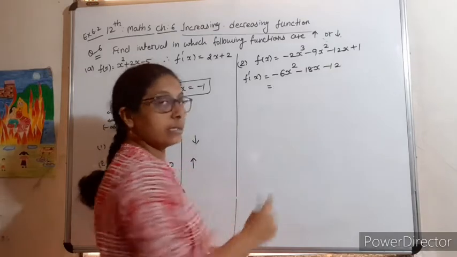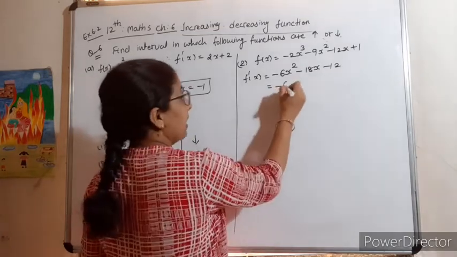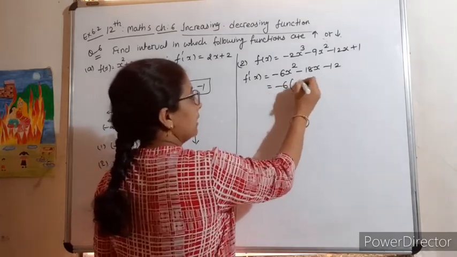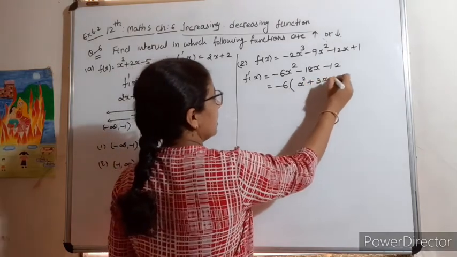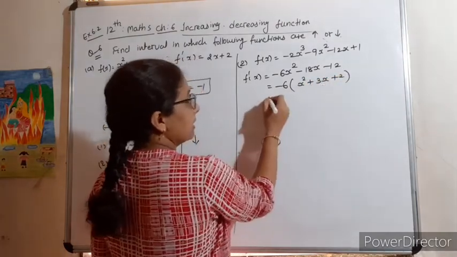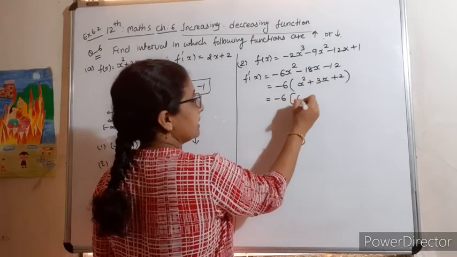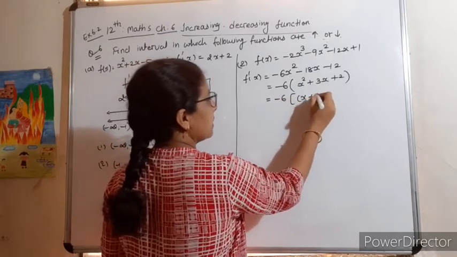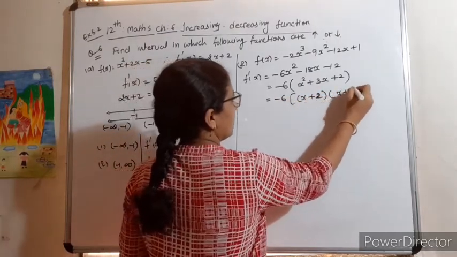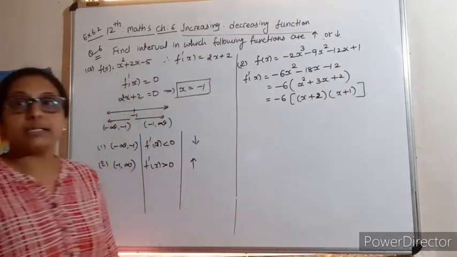So that is the derivative. Now we take -6 common, that is x square plus 3x plus 2, multiplied by -6. If you factorize it, x plus 2 times x plus 1 is our factorization.